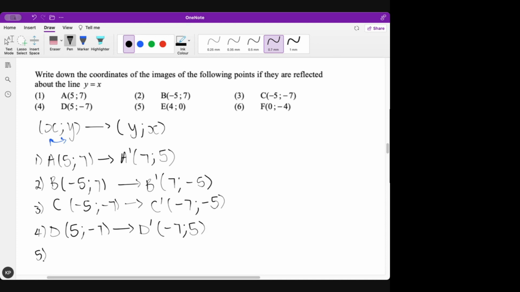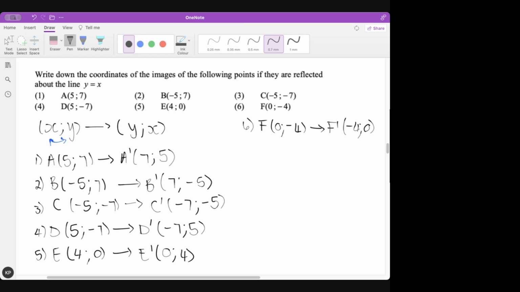And number 5, E starts off at (4, 0). And E prime, (0, 4). And finally, number 6, F starts off at (0, -4). And we end up at F prime, which is (-4, 0).